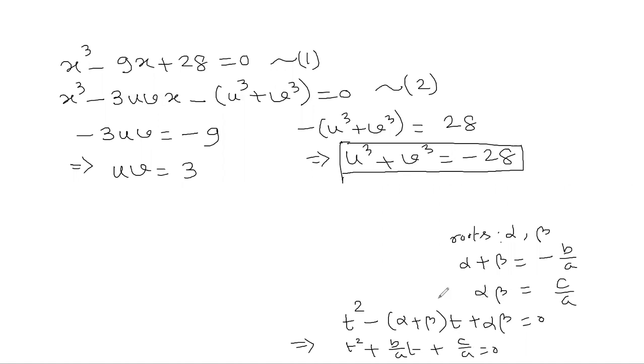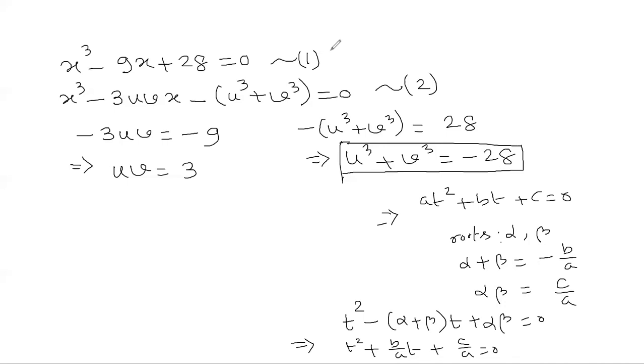If you simplify this, you will get at square plus bt plus c equal to 0. That means you are getting the same equation you started with, isn't it? So if the product and sum of two roots are known, from there we can form the quadratic equation.